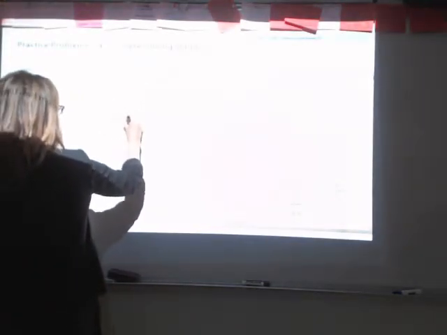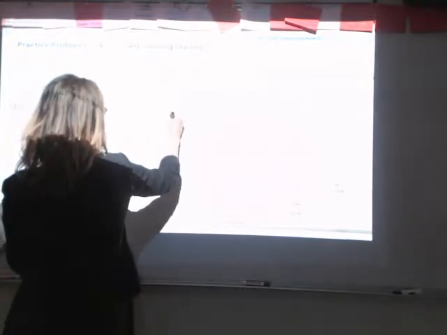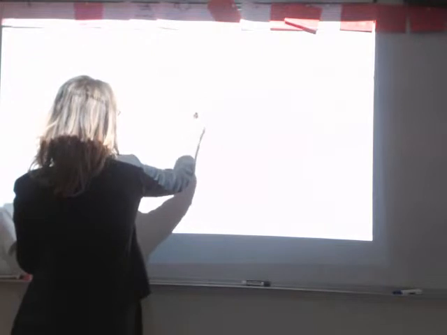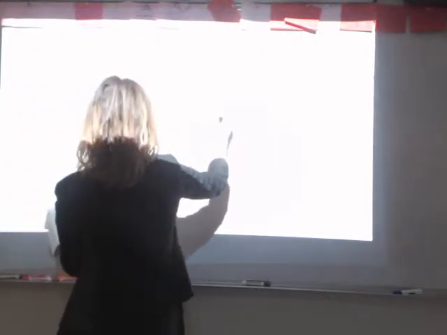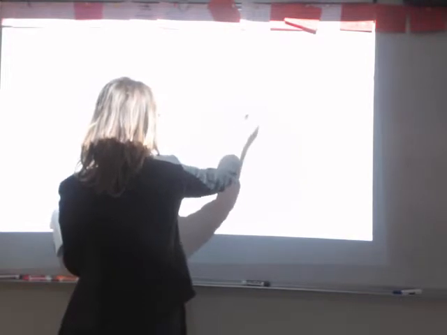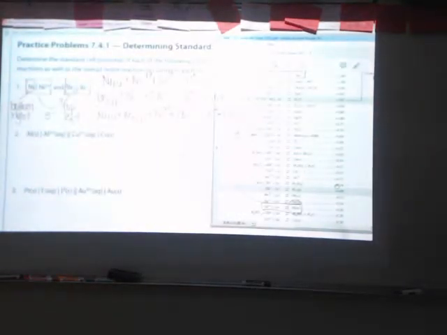Electrons will cancel. And then you're going to add these two voltages together, and you're going to get 1.35 volts. Does that make sense? I think I should write in black. I think it's easier to see.